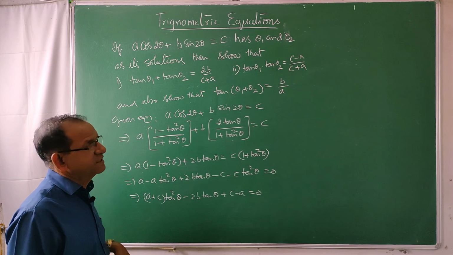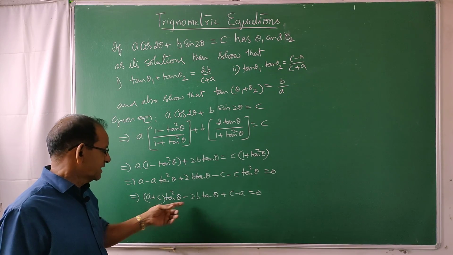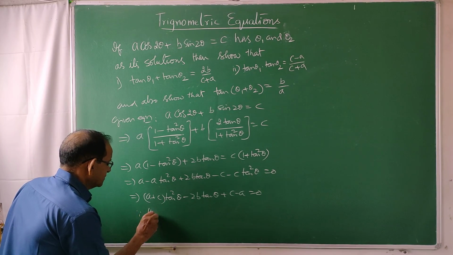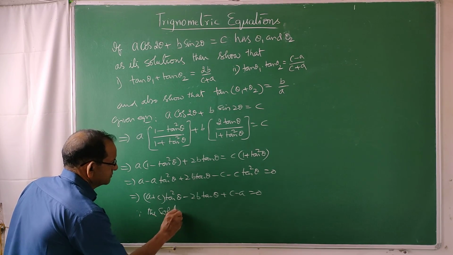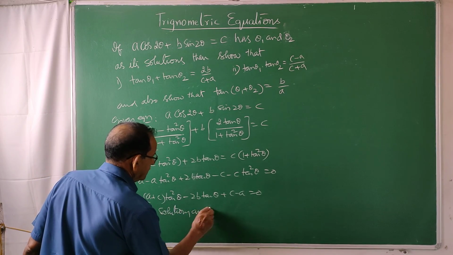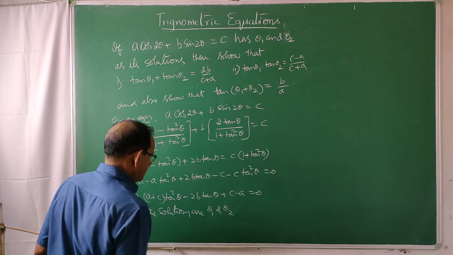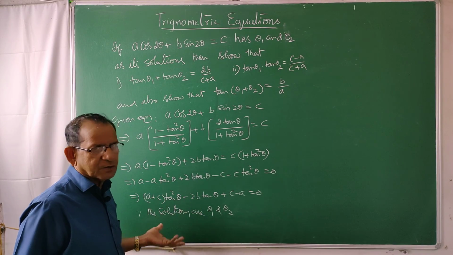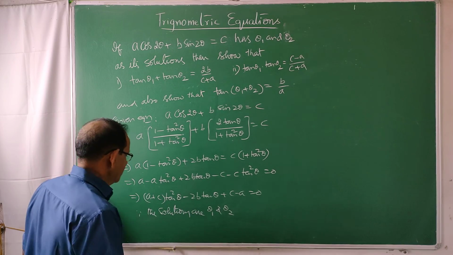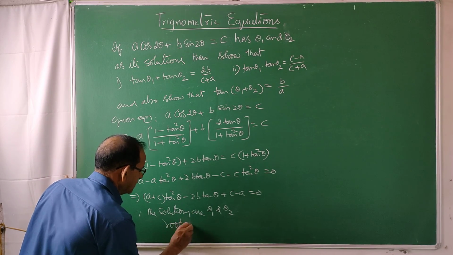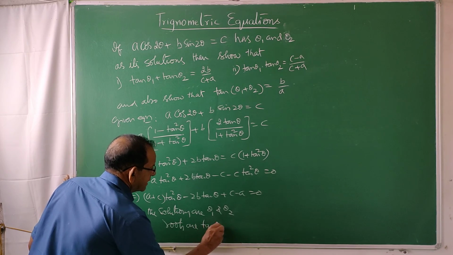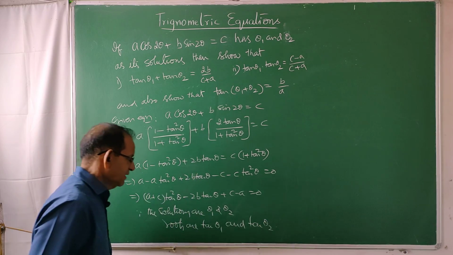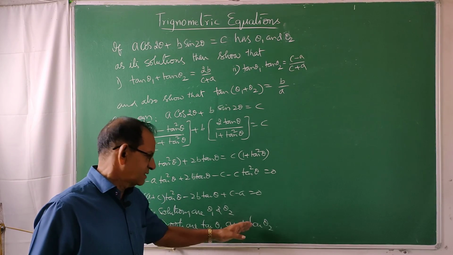Because the solutions are theta 1 and theta 2, and it is a quadratic equation in tan theta, the roots will be tan theta 1 and tan theta 2. These are the roots.